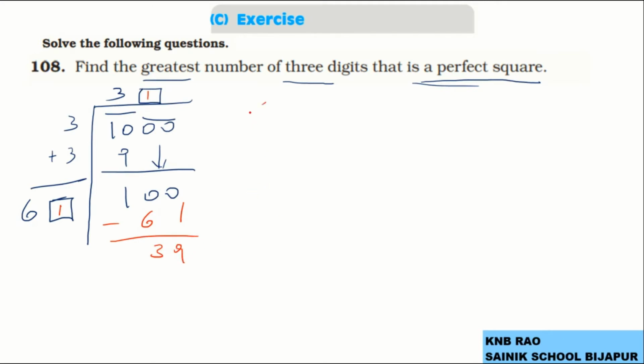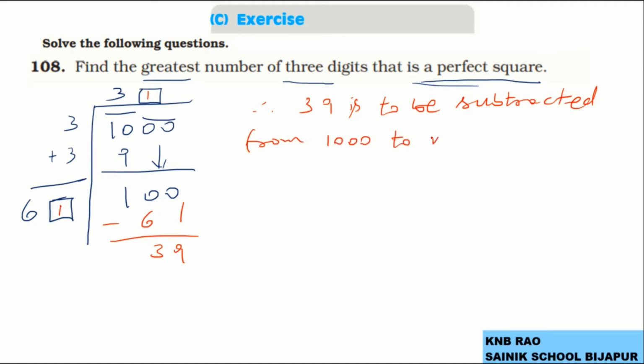So therefore 39 is to be subtracted from 1000 to make it a perfect square.